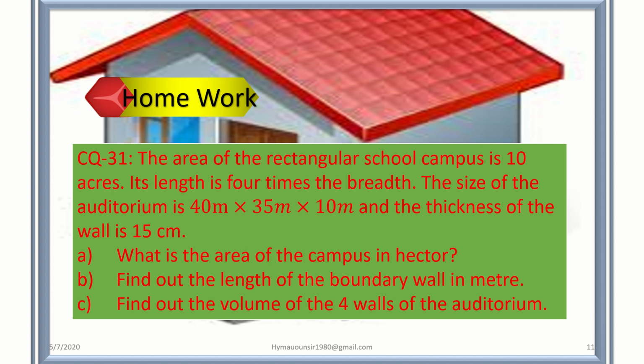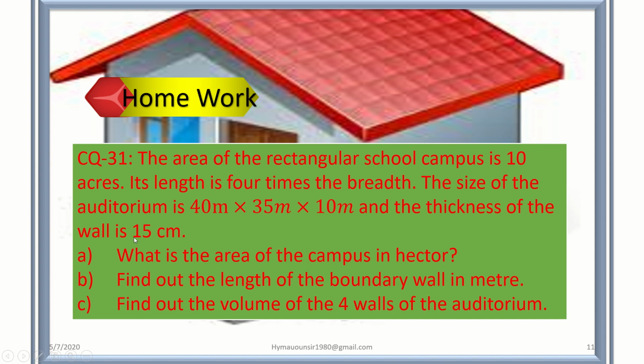So you have to find the length without wall, that means 40 minus 2 into 0.15 meter, as the thickness is given in centimeter, so you have to convert this into meter.